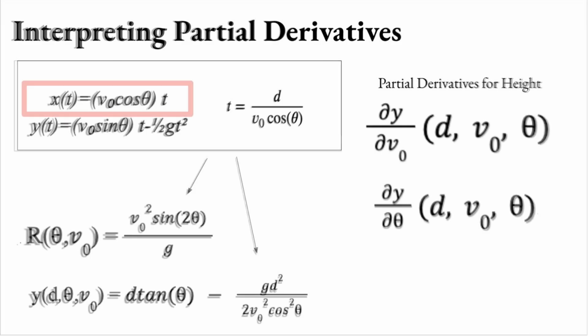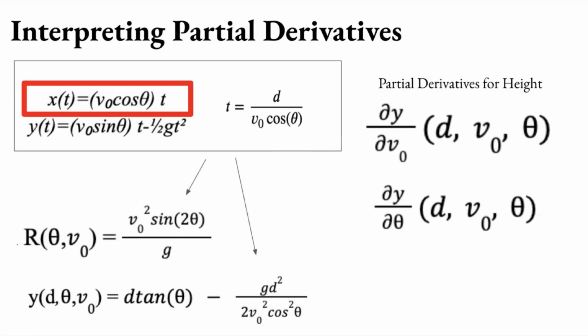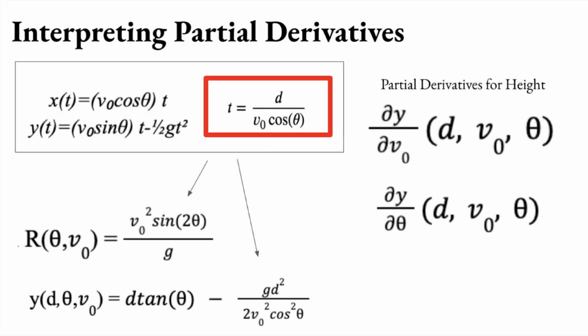So using the equation x of t equals initial velocity cosine theta t, you can divide out the initial velocity cosine theta part to get t equals d over initial velocity cosine theta, d being x of t.